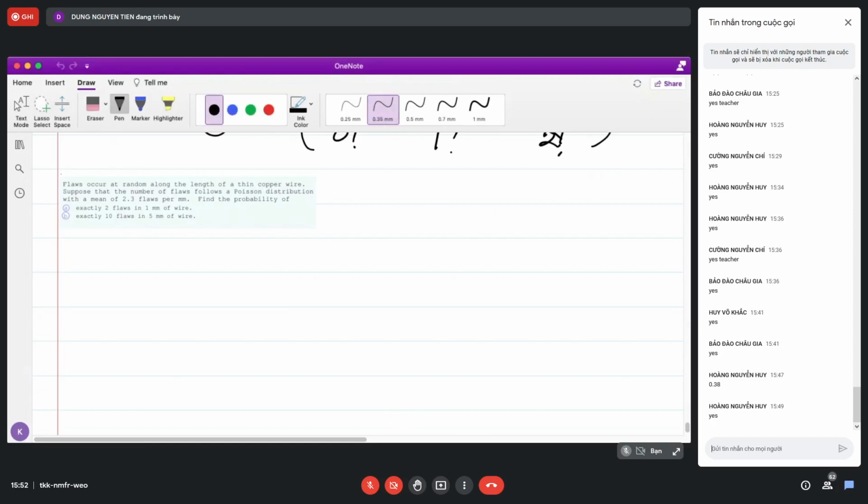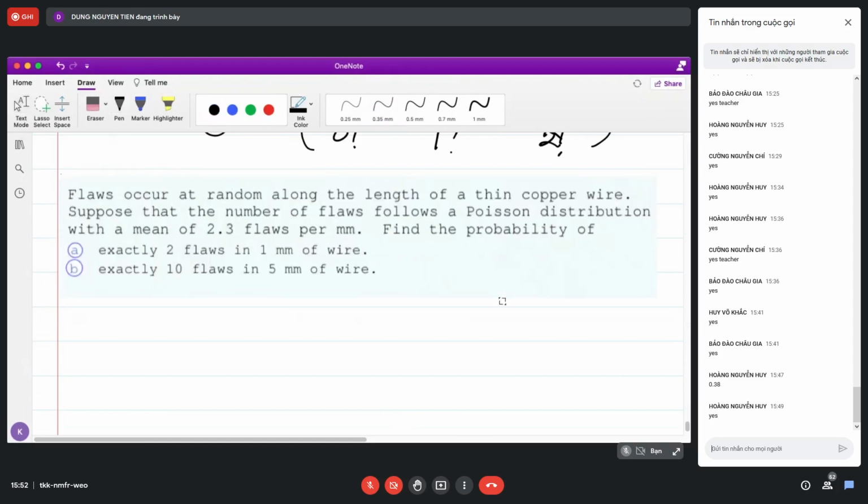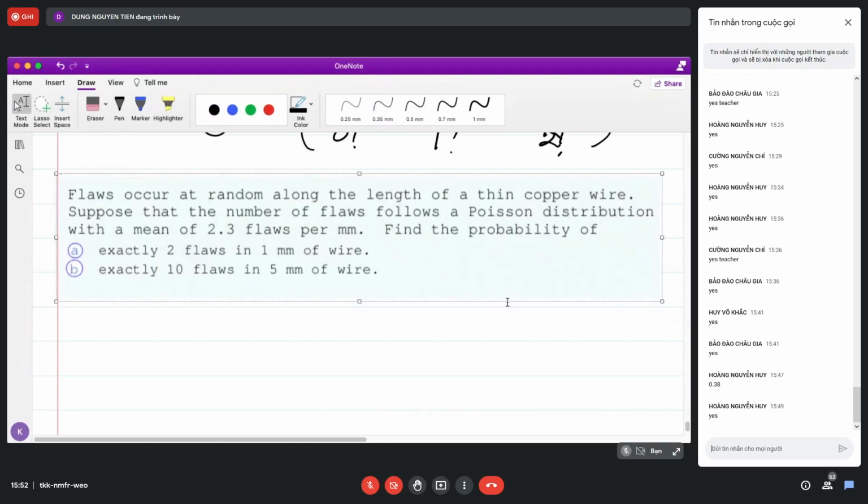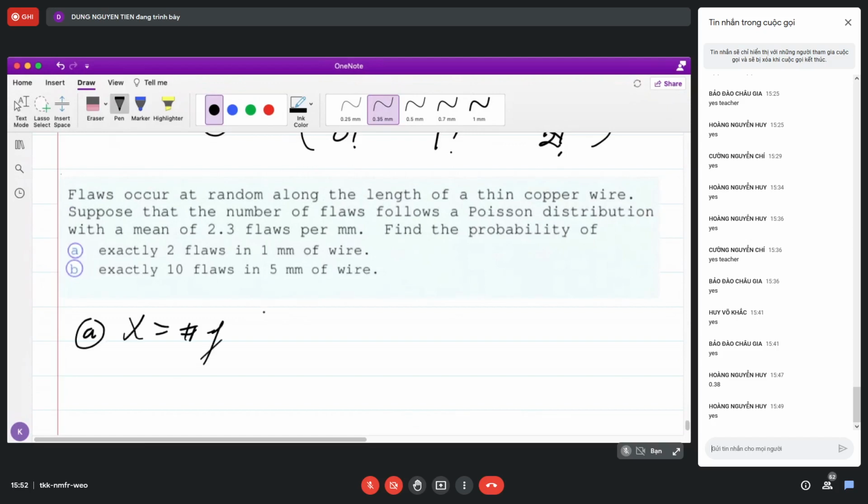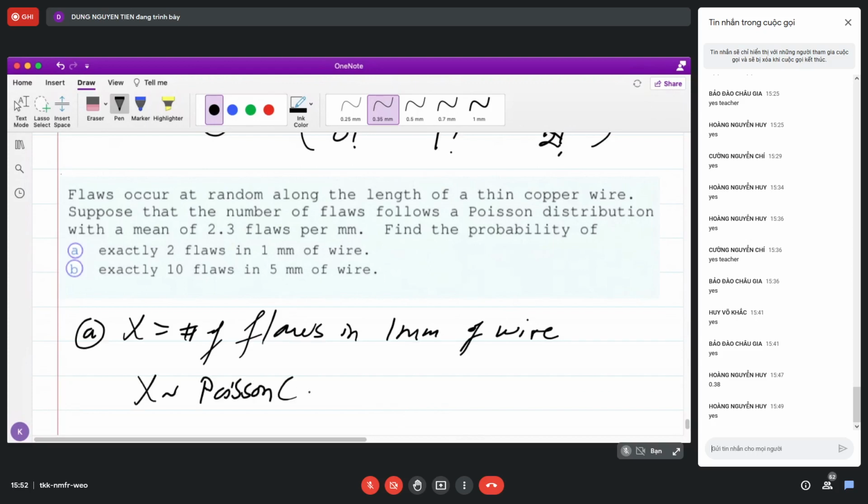What did you get here? Suppose that X, question A, X is the number of flaws in 1 millimeter of wire. Then X follows a Poisson distribution with the parameter lambda is 2.3.